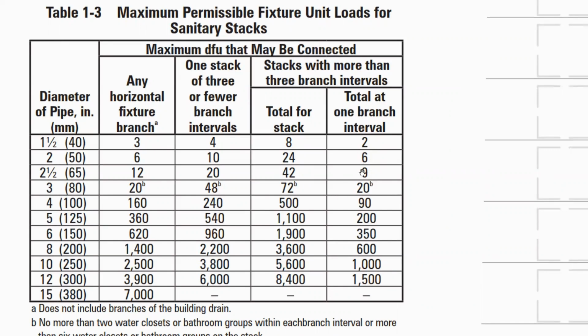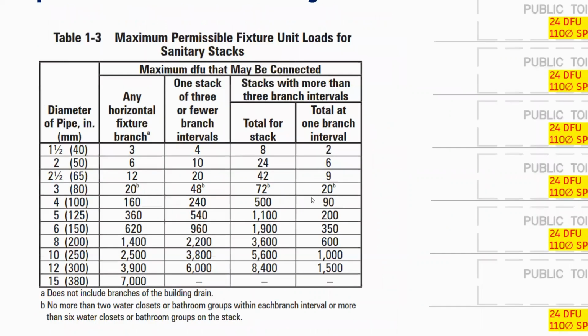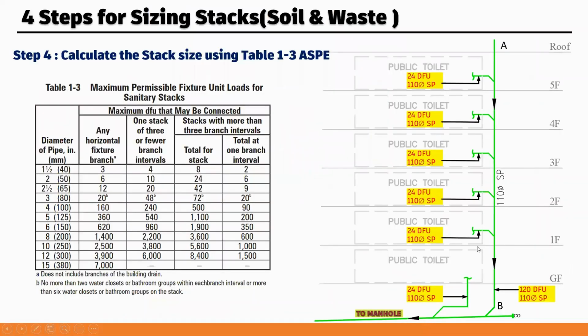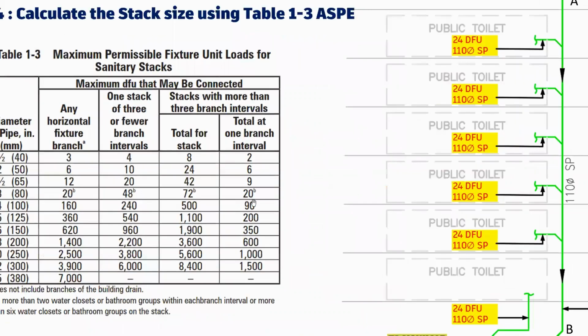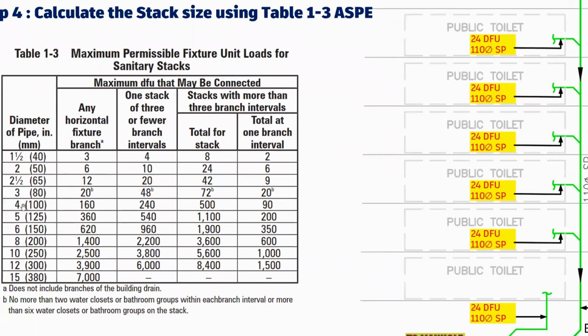Total at one branch interval is 90. What does it mean? At any one branch interval, the value should not exceed this. In all our four branch intervals, the value is 24, that is less than 90. So that means we can go with the pipe size of 4 inches.